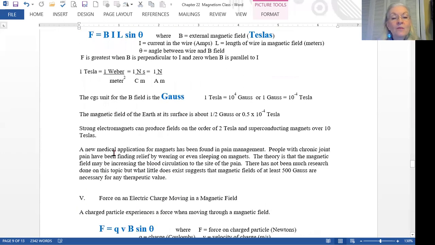A strong electromagnet can produce fields that are, say, 2 Teslas or more. Superconducting magnets, you can get more than 10 Teslas out of them. Sometimes we keep trying to find non-invasive ways to heal people and to image and to do all kinds of medical procedures. And so we are looking at using magnetic fields for all kinds of treatments. It's an ongoing process and continues to change.